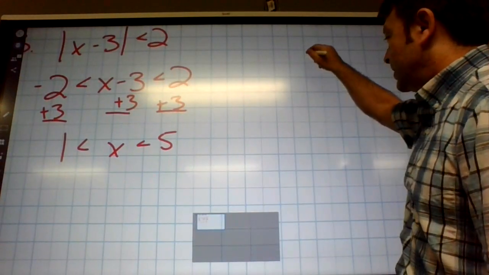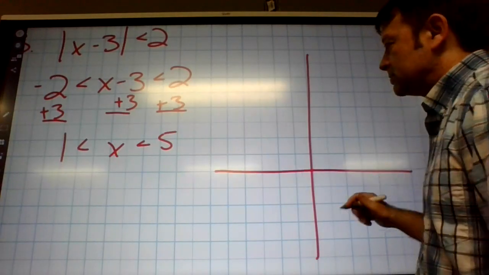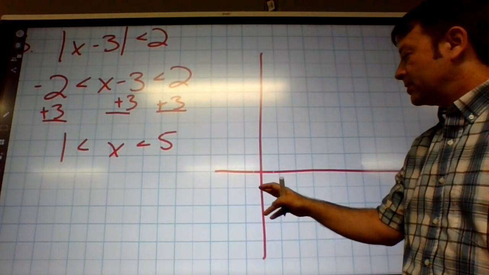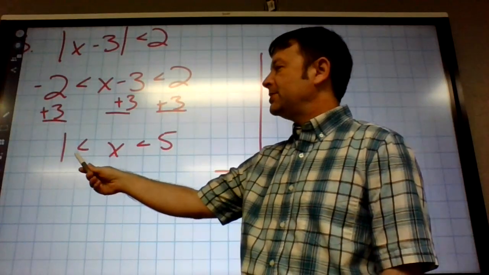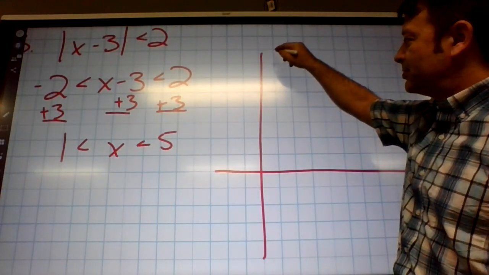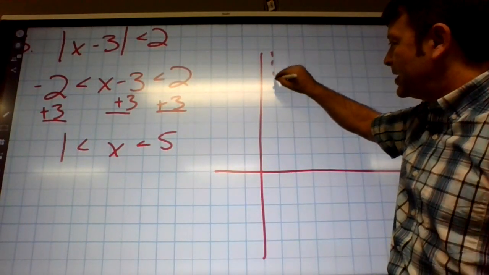What does the line x equals 1 look like? Actually, maybe put it over here. Yeah, x equals 1 is a vertical line at 1. Since it's x is greater than 1 and not equal to, I'm going to make it dashed.